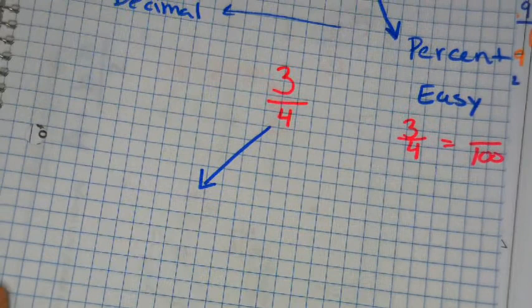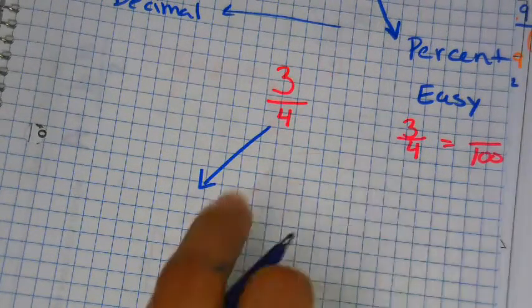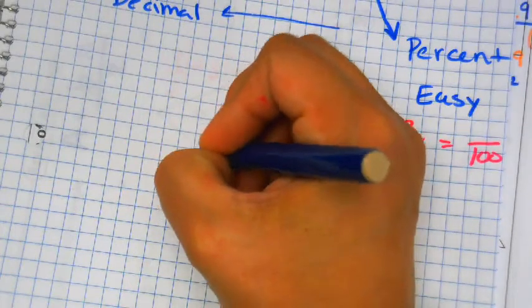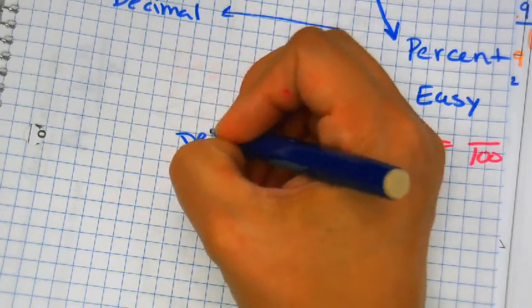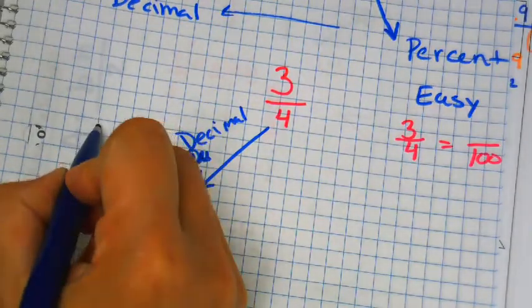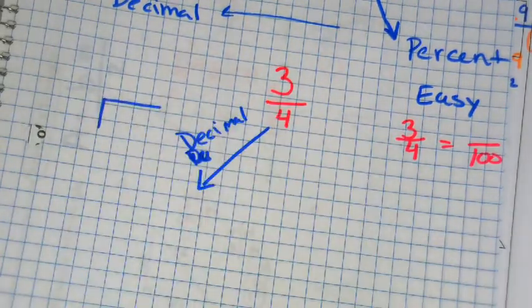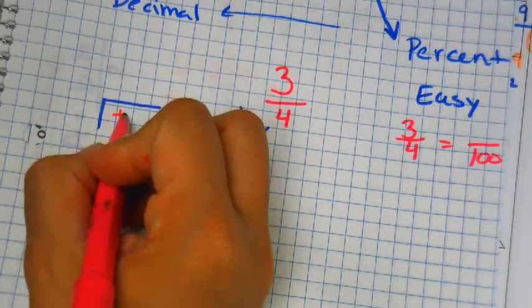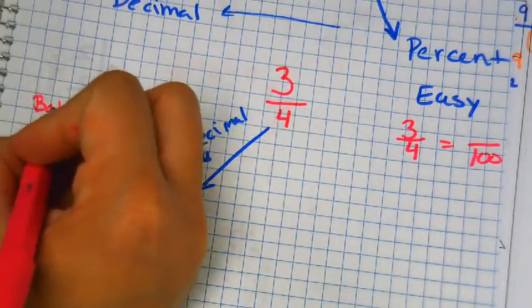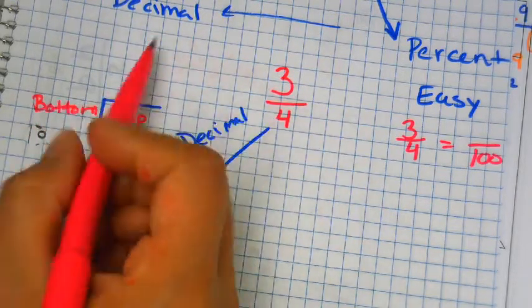All right. So to change it into a decimal, we're going to put the top number inside the division box and the bottom number outside. This is how you're always going to do it.